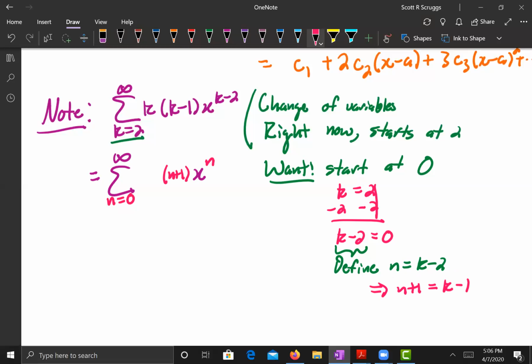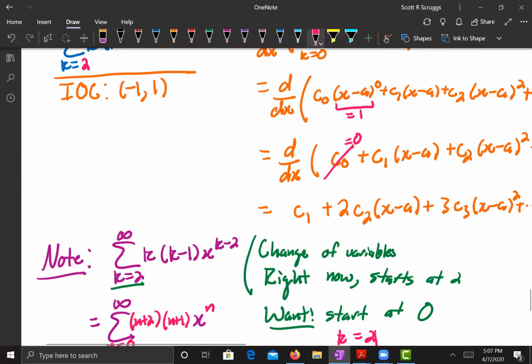It will be k minus 1 equals n plus 1. And now for that k, if I do it again, add 1 again to it, I get n plus 2 equals k.